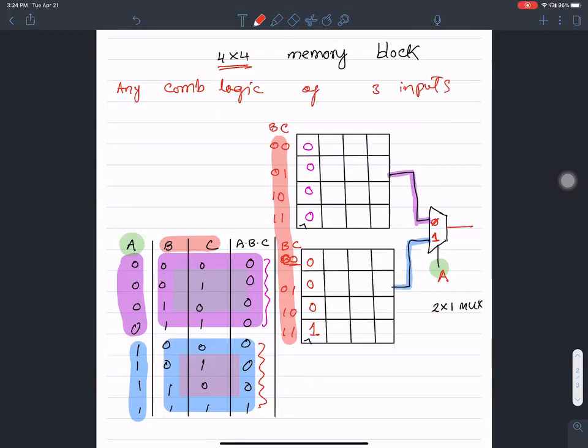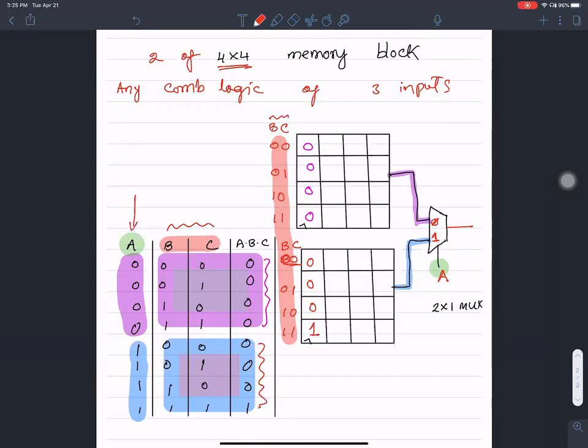I need to use 2 of these memory blocks to implement any combinational logic. All you have to do is take the output column, write it into the respective upper half and the lower half of the memory blocks, and then the 2 inputs are going to form the address lines here.